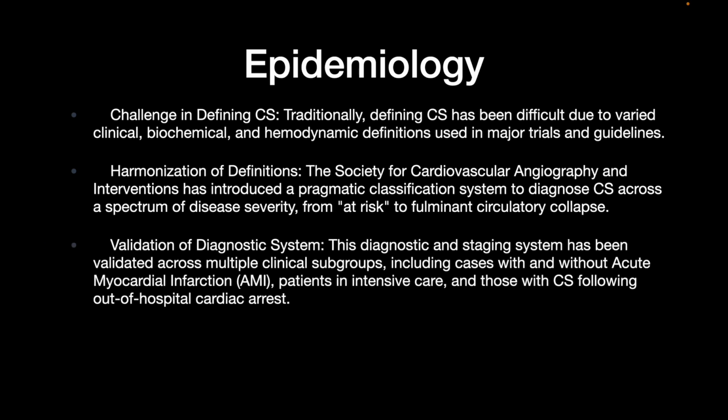This system has been validated across multiple clinical groups, including cases with or without acute myocardial infarction in intensive care unit, and those with CS following out of hospital cardiac arrest.